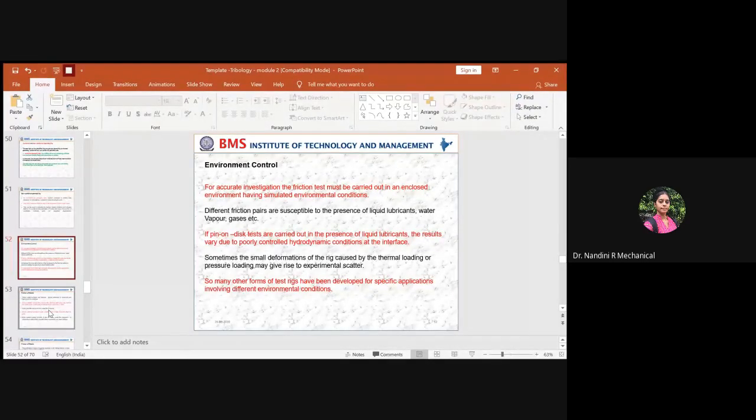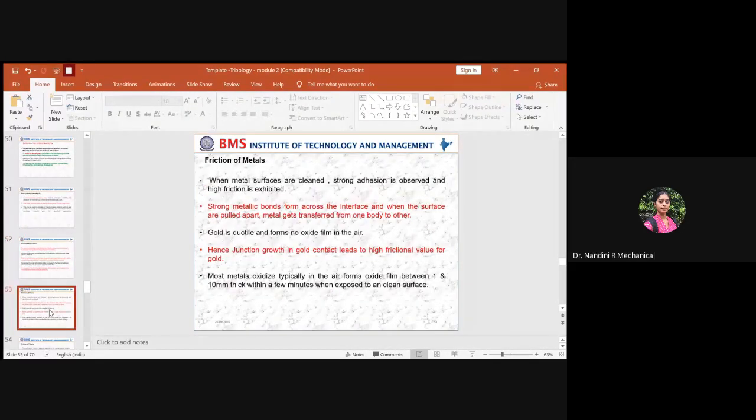So this was one section in your syllabus which had measuring methods for friction. Now what you have to understand is that the value of friction varies with respect to metals as well as non-metals. You have a subtopic in your module 2 which speaks about friction of metals and friction of non-metals.